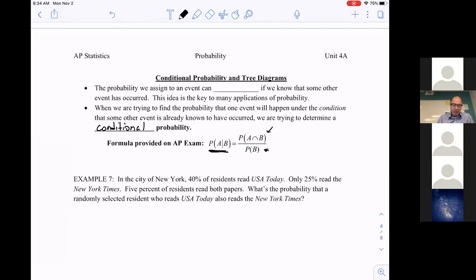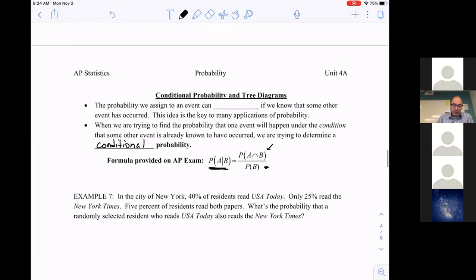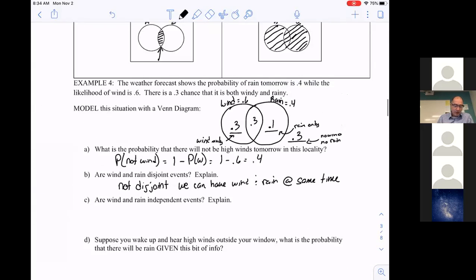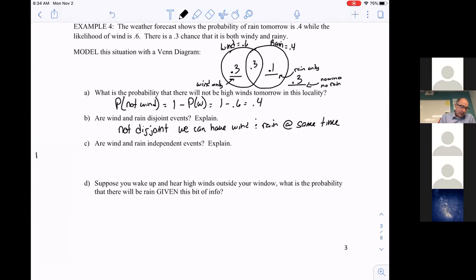So I'm going to go to the other page and we're going to write out a little different definition beside this. So we have the probability of an event and a condition. Okay, that's my conditional probability. So to calculate this conditional probability, it's the probability of both divided by the probability of the condition.